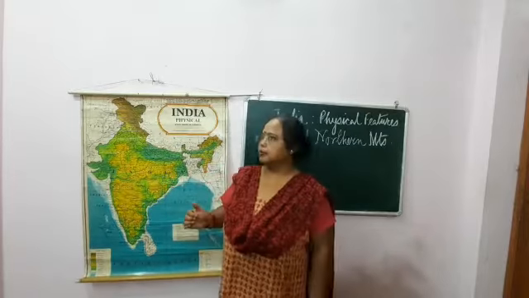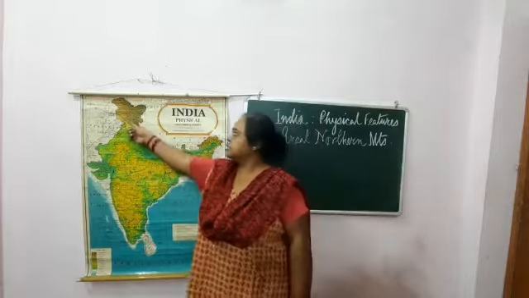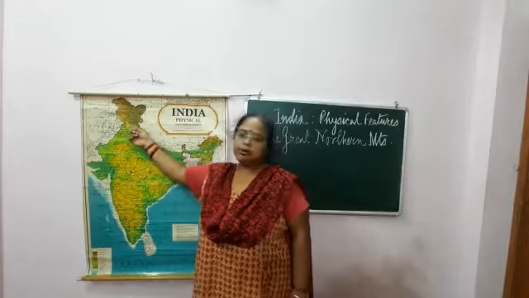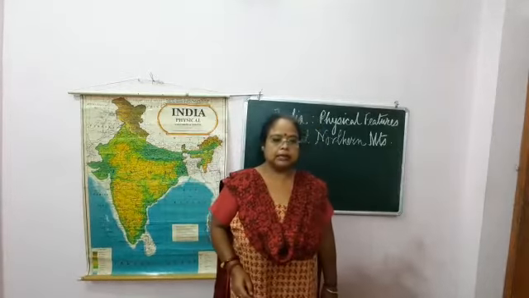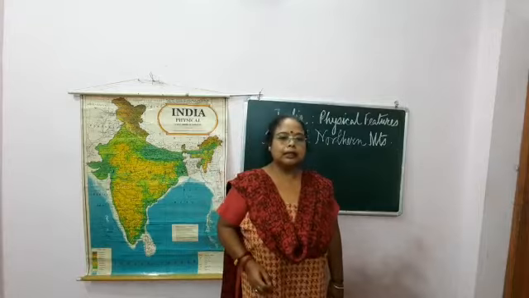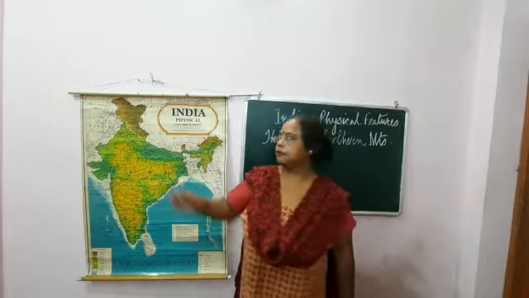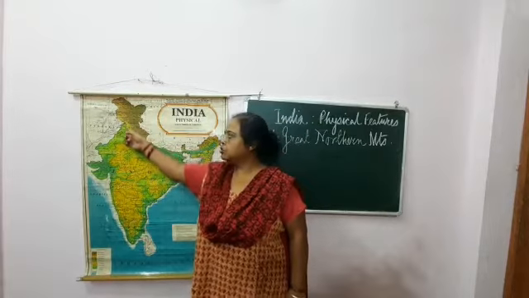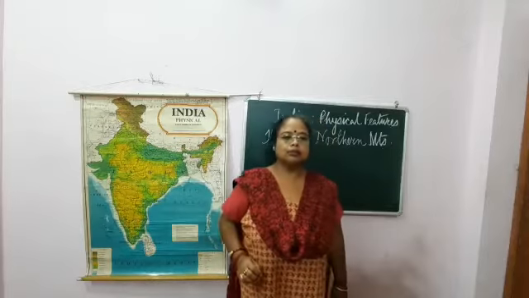Next is the Shivalik, known as the Outer Himalayas. It is the southernmost range of the Himalayan mountains. The first part, the Himadri, is the northernmost, and the third one, Shivalik, is the last, the southernmost.